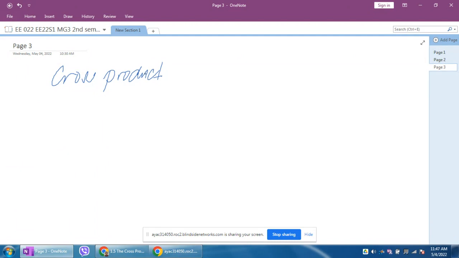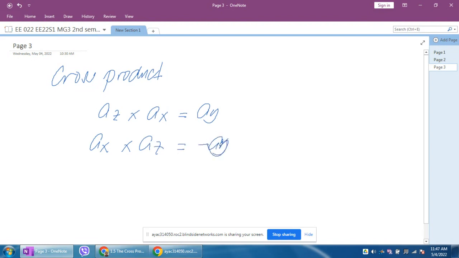Ang gutom na ang aking mga estudyante. So, AZ cross AX, this is AY. Pag pinagbaligtad ko po ng position, this gives you a negative value of AY. Please take note of this. Ito po yung typo error ko doon. Para lang po hindi natin makalimutan.